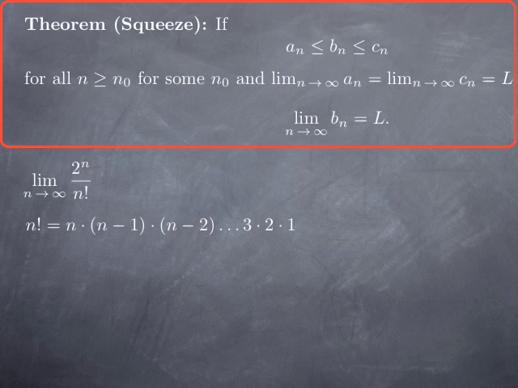So it's 1 times 2 times 3 times 4 and so on until n. So for instance, 3 factorial would be just 1 times 2 times 3, in other words 6. 4 factorial would be 1 times 2 times 3 times 4, so that's 6 times 4, 24. And 5 factorial would be 1 times 2 times 3 times 4 times 5, so that's 24 times 5, 120, and so on.